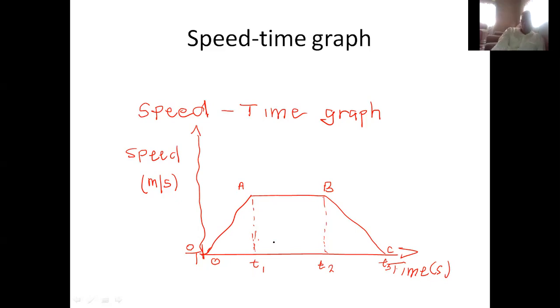Well, between T to A, it has uniform acceleration.